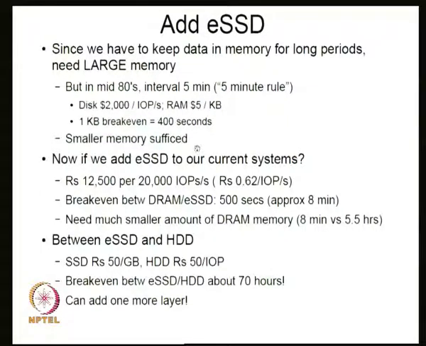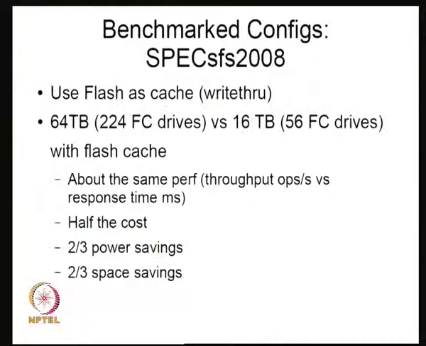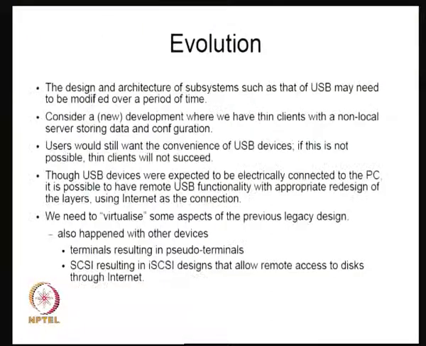The thumb rule was, if the interreference interval is less than 5 minutes, keep it in memory. If it is more than that, put it in disk. This kind of 5-minute rule has to be updated to current system speeds. If you do that, then your system will be reasonably well balanced and you will have a more cost effective system.